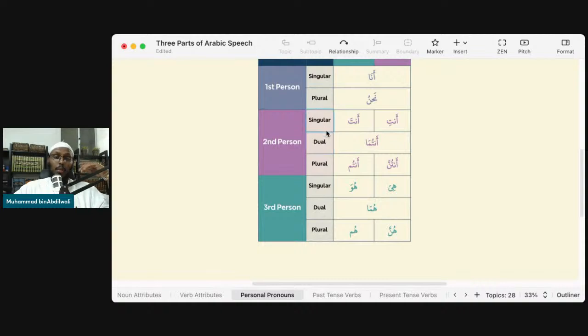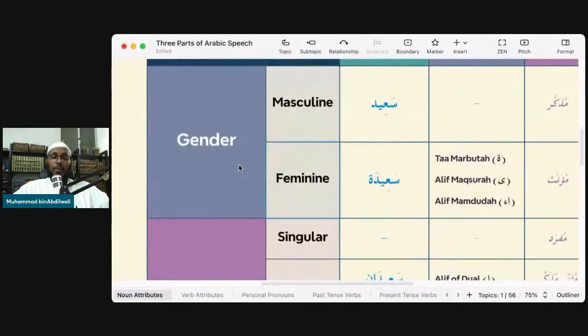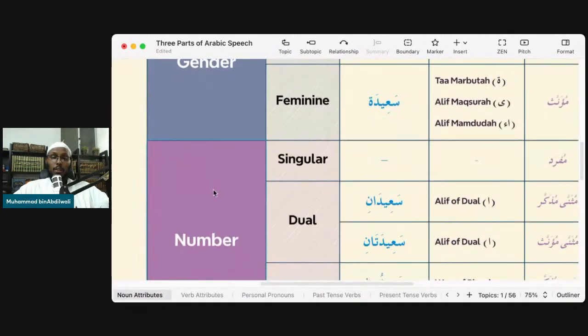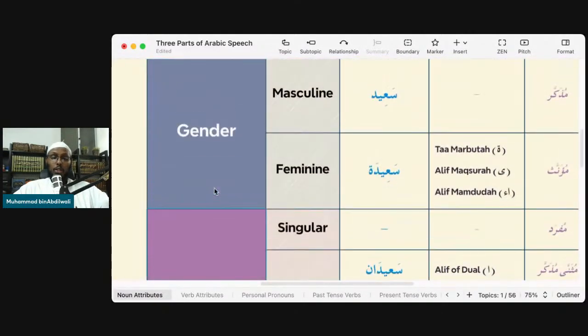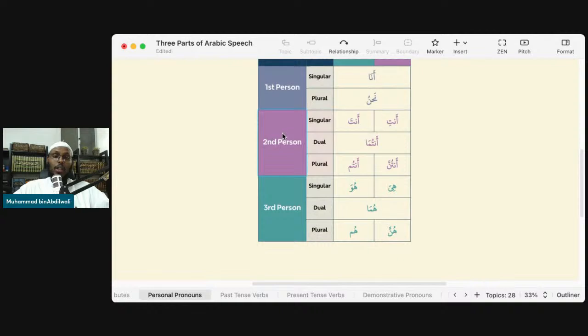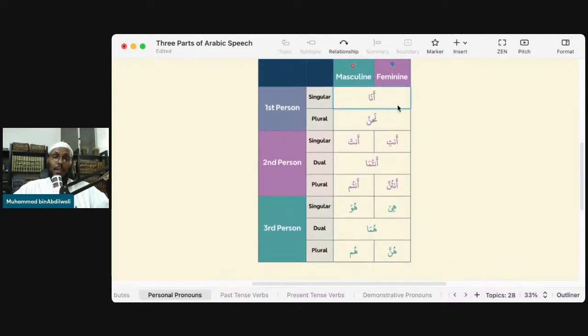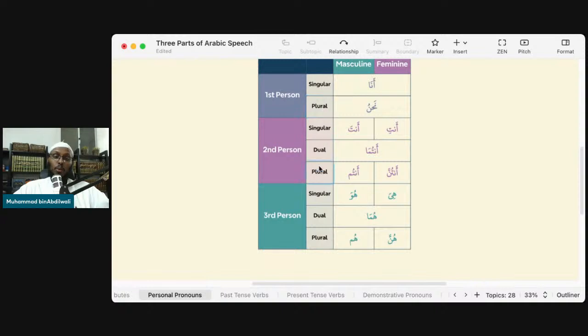So if you go back to noun attributes, we have gender and number. These are the two most important attributes that every noun has. That's why the personal pronouns are categorized according to those two attributes: masculine or feminine, and singular, dual, or plural.